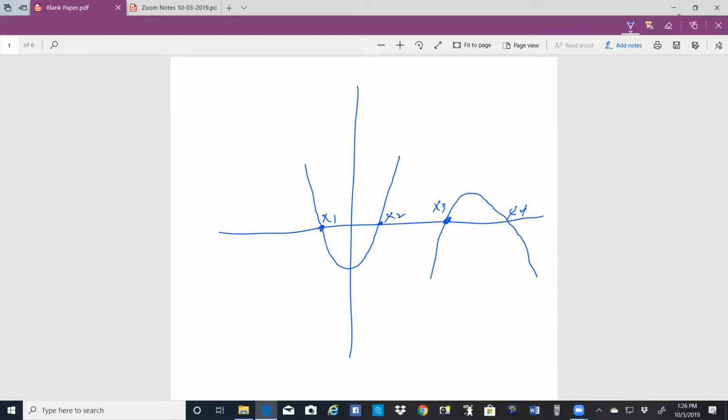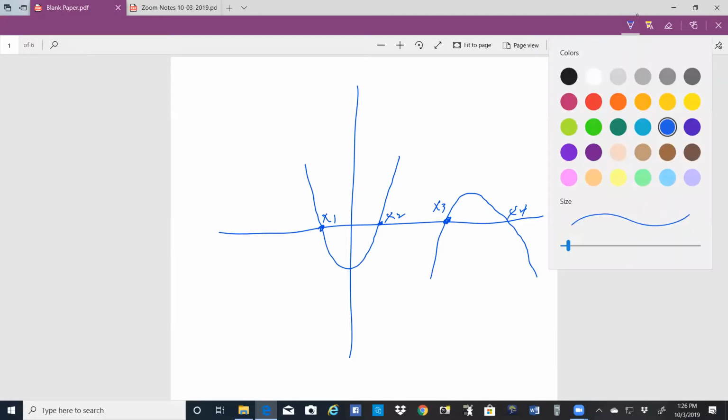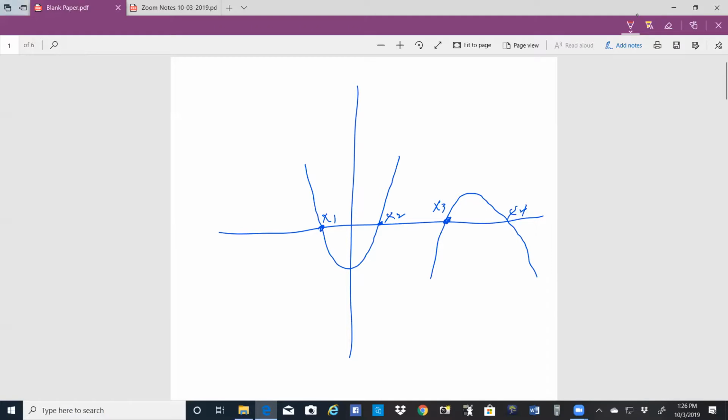Now, what do you think would happen if the graph looked like this? Anybody got any ideas? Miranda, you got any ideas?